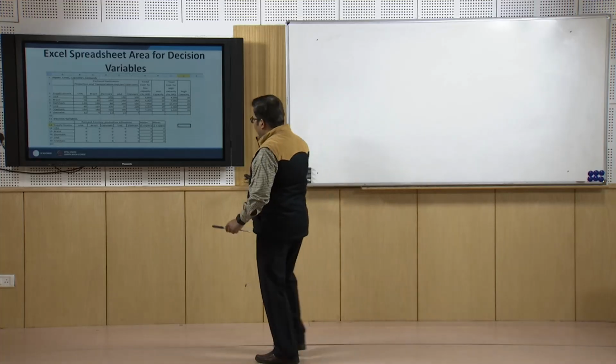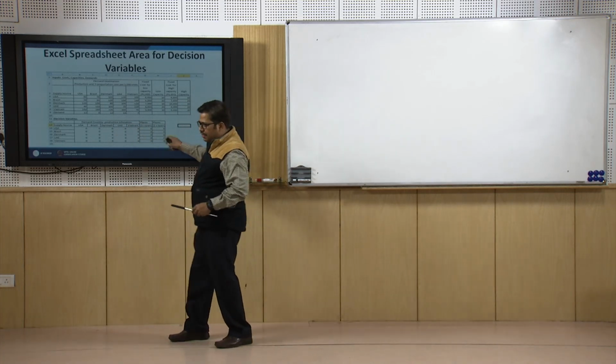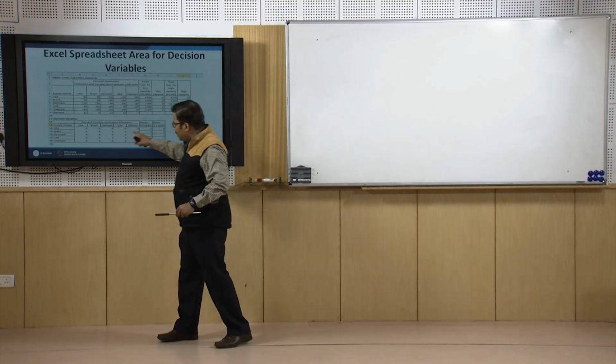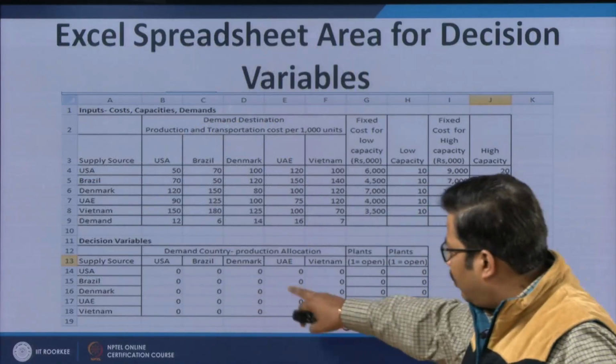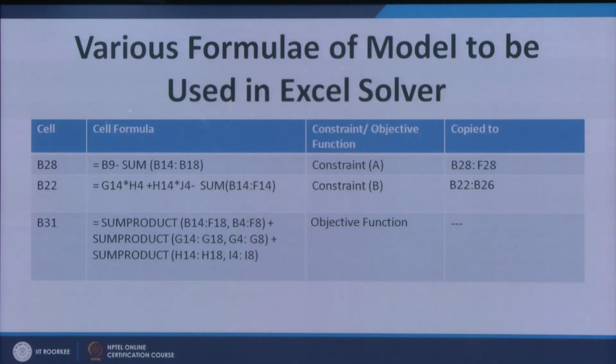Now once we have decided about the various decision variables and allocated particular cells for them, moving further we will see that we have incorporated certain formulas in some of the cells, and the formula is like this.